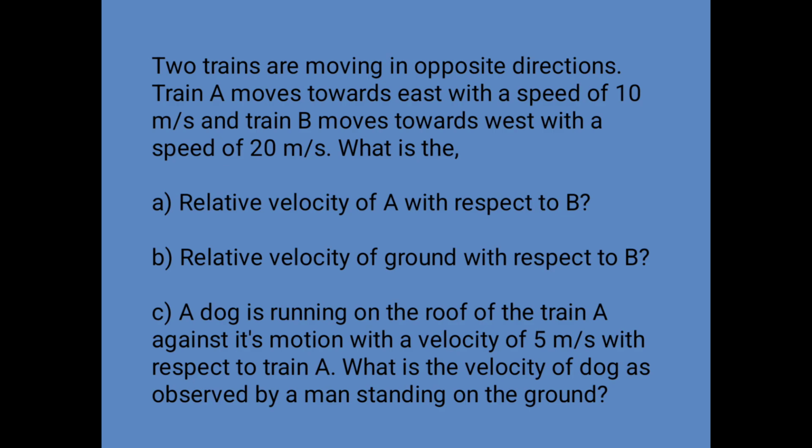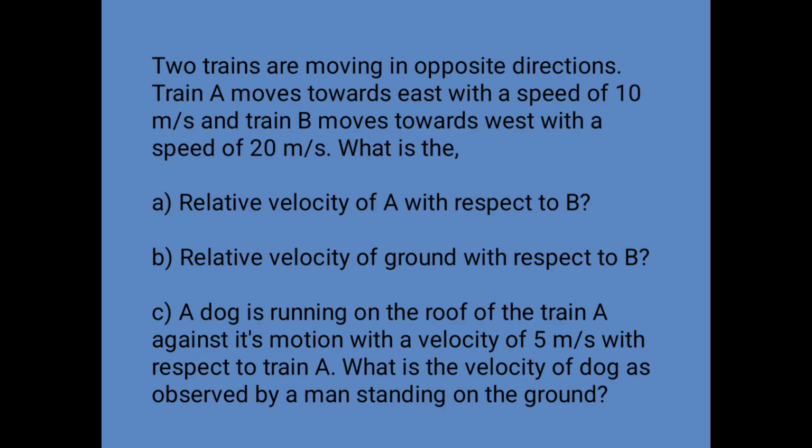Train A moves towards east with a speed of 10 meter per second, and train B moves towards west with a speed of 20 meter per second. A: What is the relative velocity of A with respect to B?